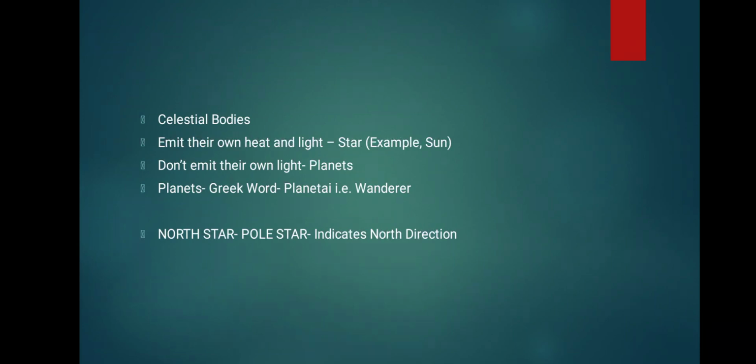Even the moon, which is a natural satellite, also gets its light from the sun. Regarding planets, there is another question: why do we call it a planet? The word comes from the Greek language, and planet means wanderer, which means one that moves around. Planets also move around in a fixed path around the sun.